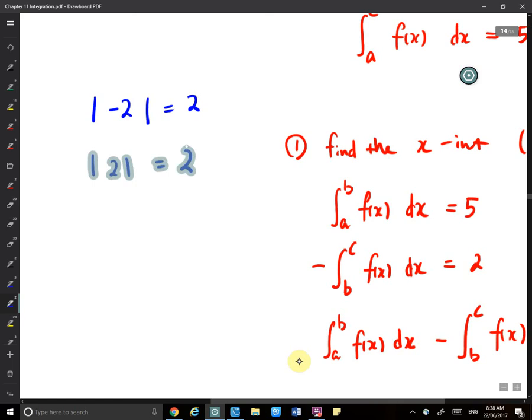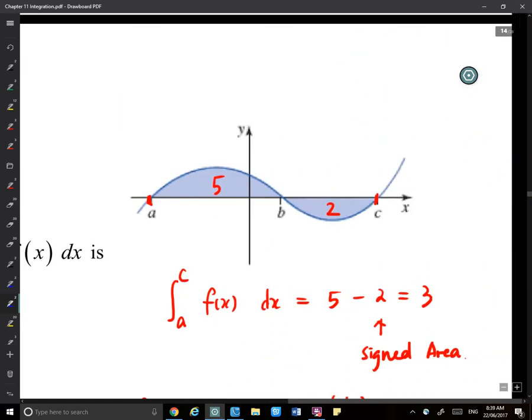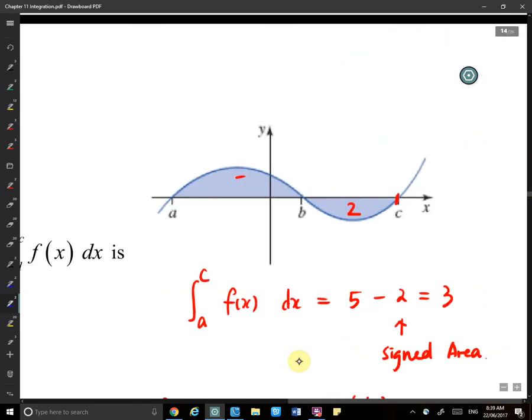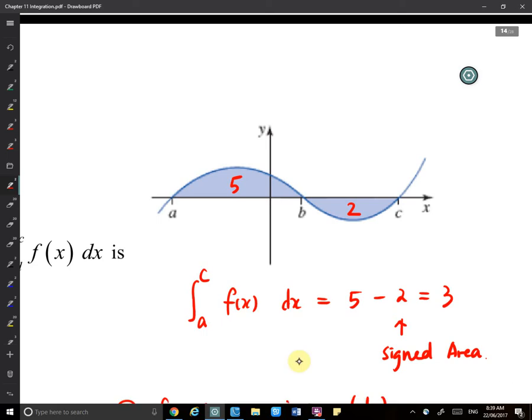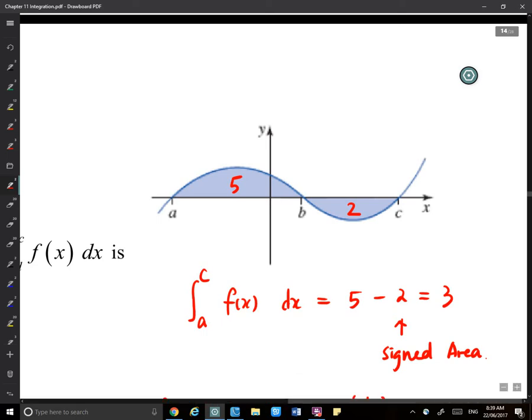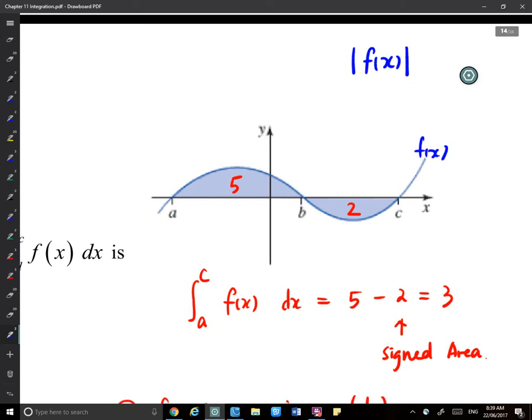Now, if we have our f(x) looks like that, this blue graph is f(x). If I put a modular sign around this, what will the graph look like?